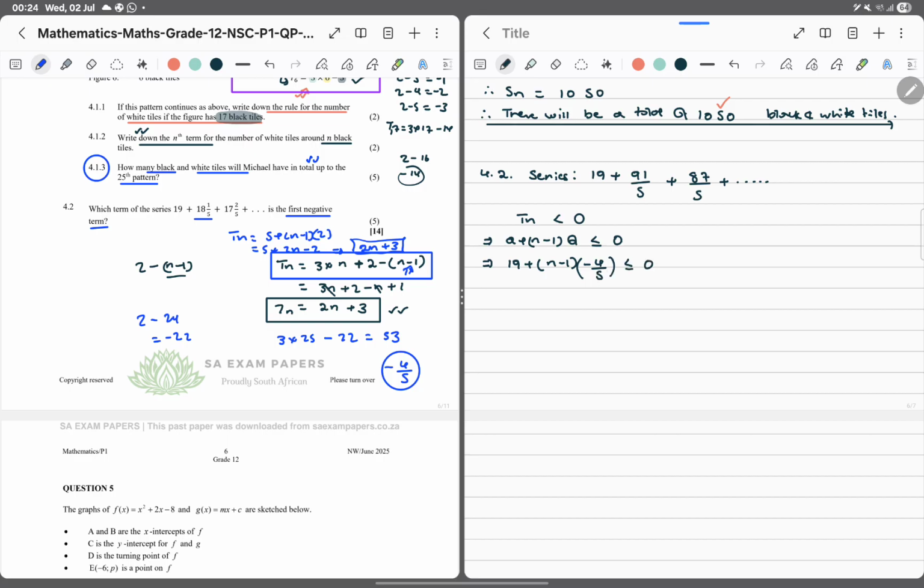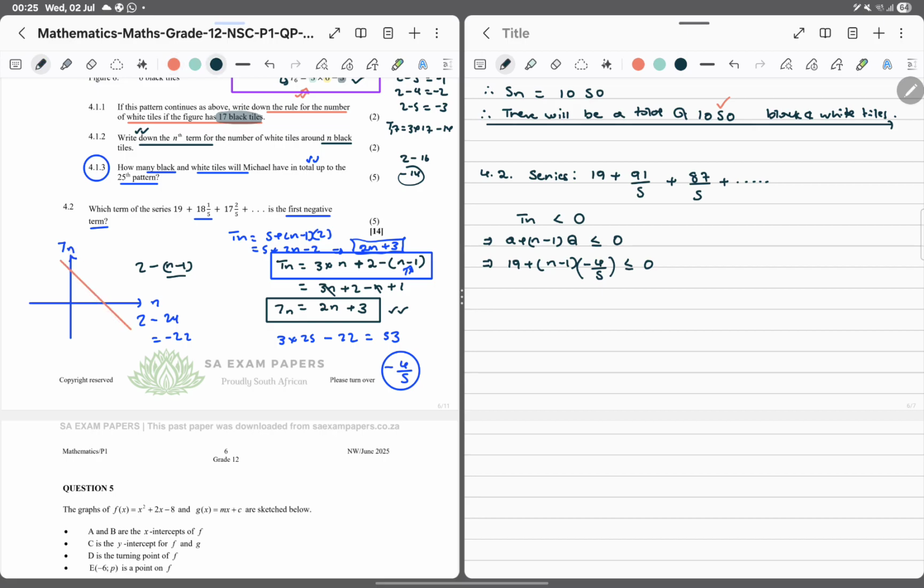Right, less than 0. And we saw that the common ratio was negative, meaning the gradient of the equation here is negative, meaning it's a decreasing function. So obviously we expect something like this on the Cartesian plane. This is n, this is Tn. So we expect something like this.